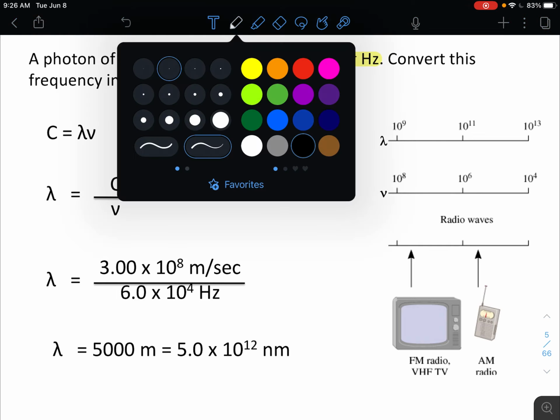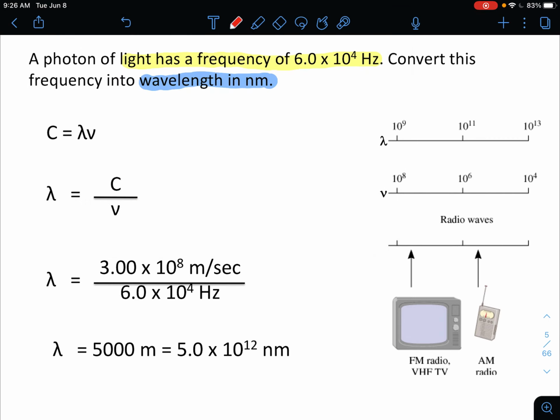Whether it's useful or not, and it may not always be useful, we're going to try to be in the habit of reporting our wavelengths in nanometers. When it's helpful, it'll help us to understand, for example, where it falls in the visible region, and then we'll be able to figure out what color it is, more or less, based on where it falls between 400 and 700-ish.